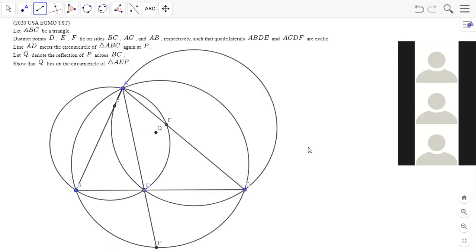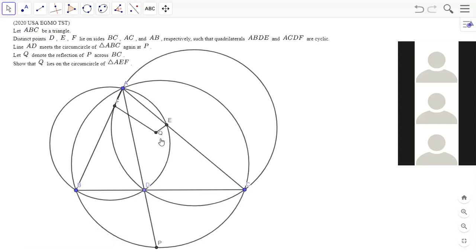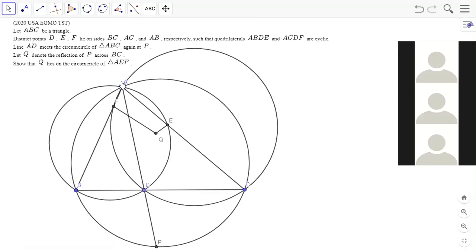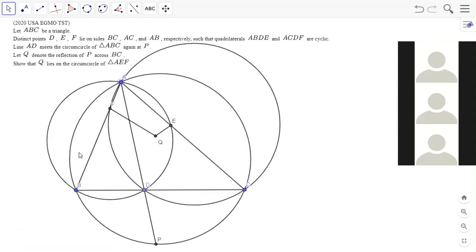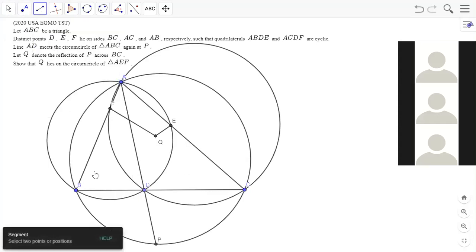All right, so we could try to show angle BFQ is AEQ. Let's see. So Q is a reflection of P. Just trying to think of the best way to know that.